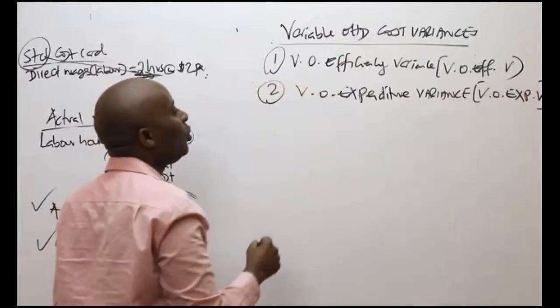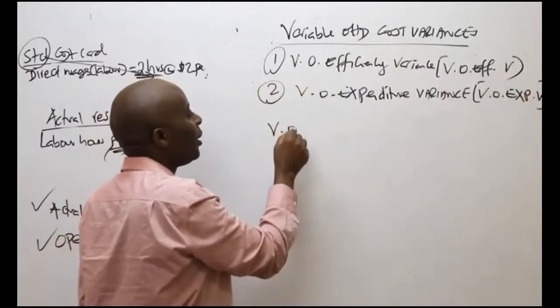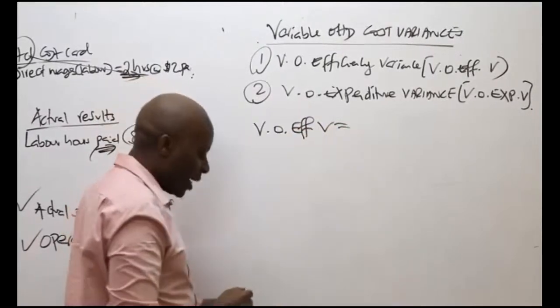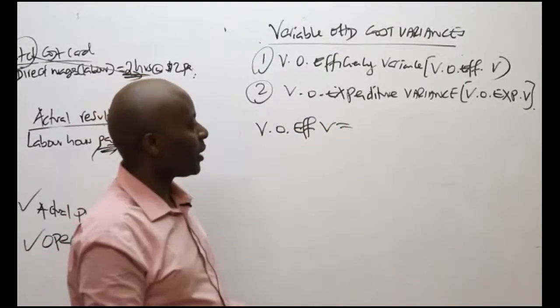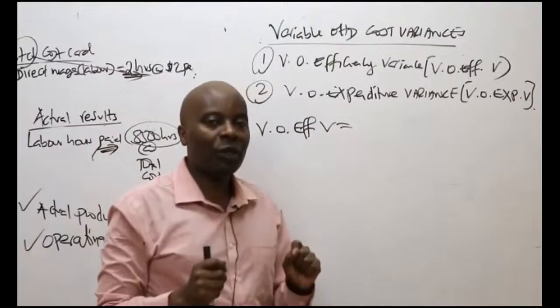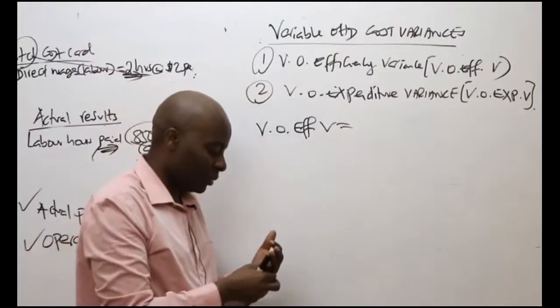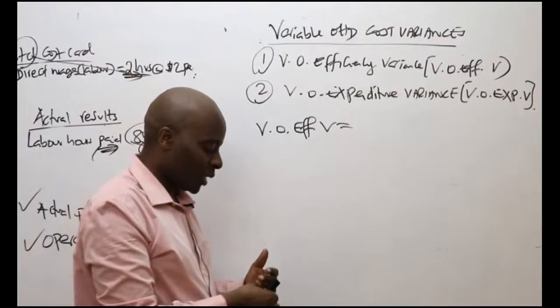I would want to give you 1 minute to try out doing the variable overhead efficiency variance. Oh, you told me that you had not been taught this. Let me teach you this variable overhead efficiency variance before I give you some time to look at some other variances.